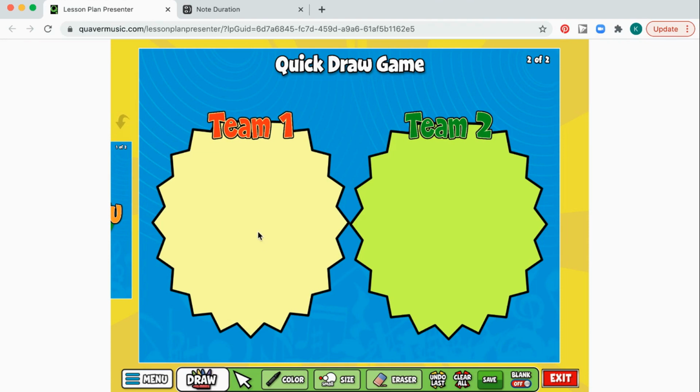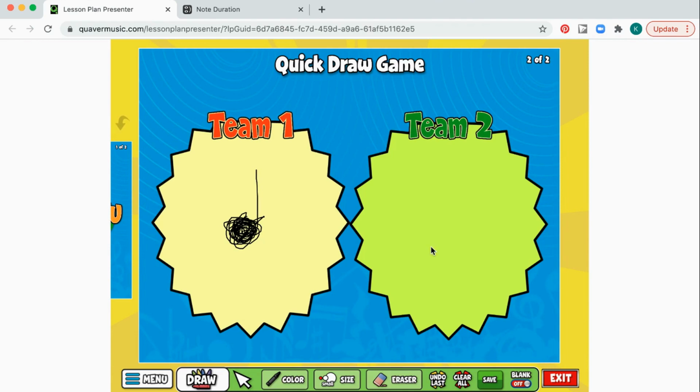So if I said, all right, hurry, quarter note, you would draw the note, and quarter notes are filled in. So the first person who has their quarter note mostly filled in would win.